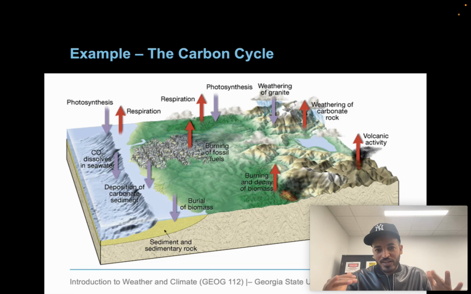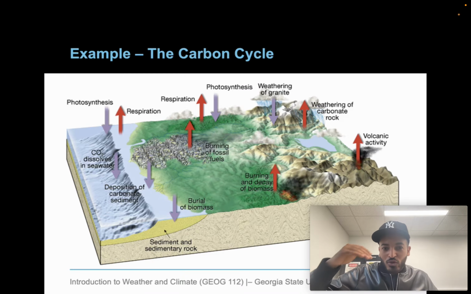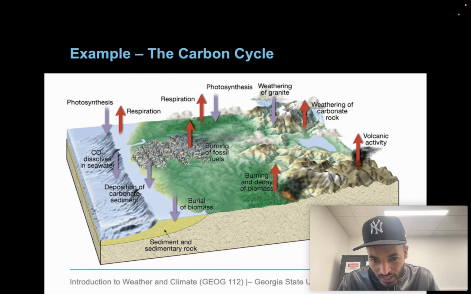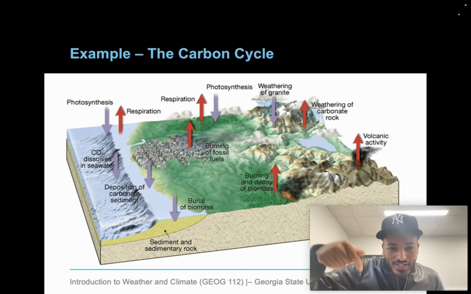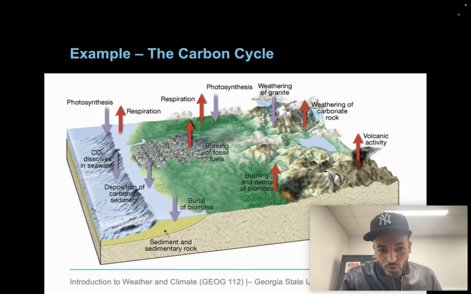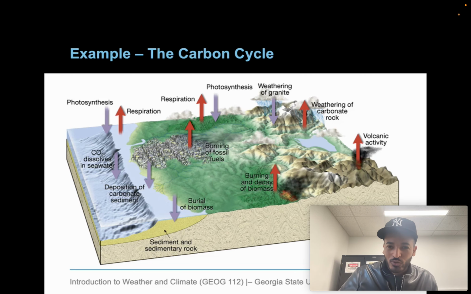Remember, the atmosphere doesn't really exist on its own. It actually interacts with all the different spheres we have. As you can see in this image, there is the CO2, the carbon being released and also being stored by the ocean. So the ocean serves as both a source and an important carbon sink.